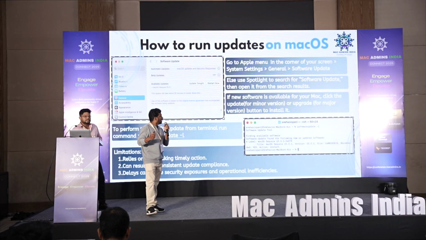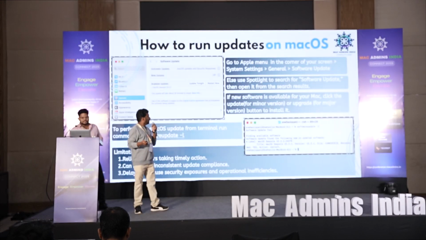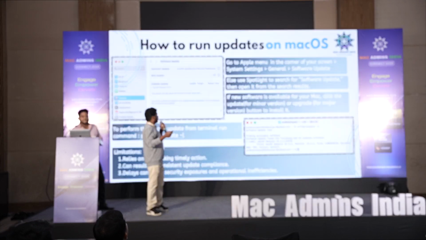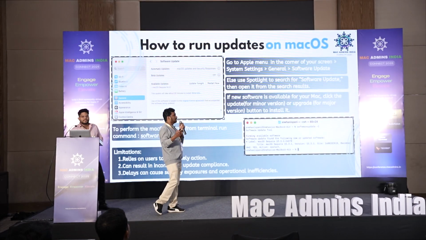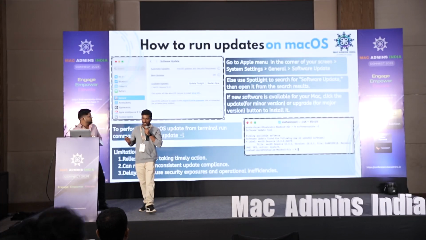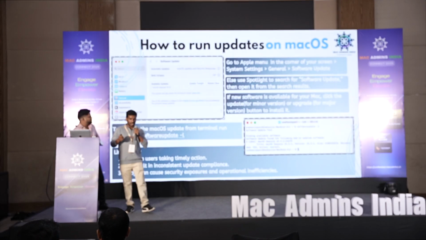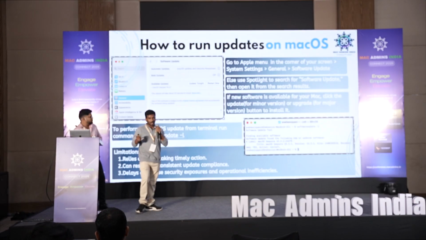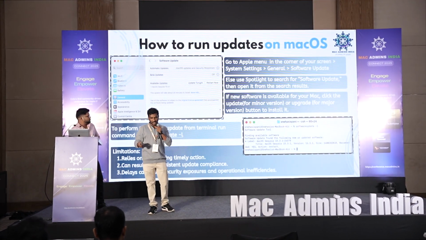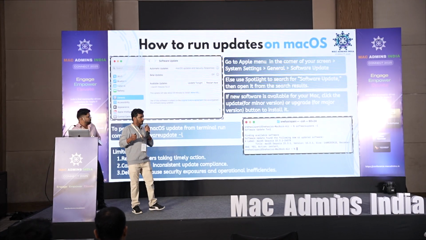If a new software update is available, you can click on it; for a minor version you click Update, and for a major version you go for the Upgrade option. We can also use the terminal to run a command like softwareupdate -l, and this is the manual method we used to follow.